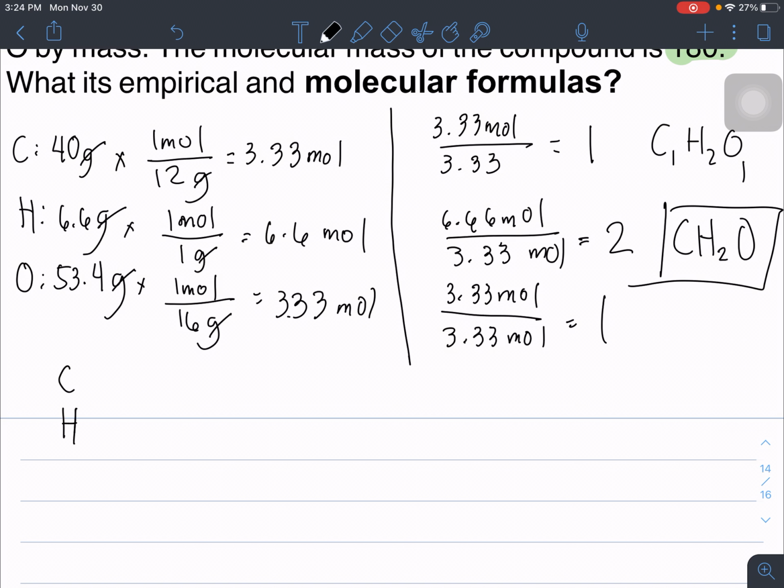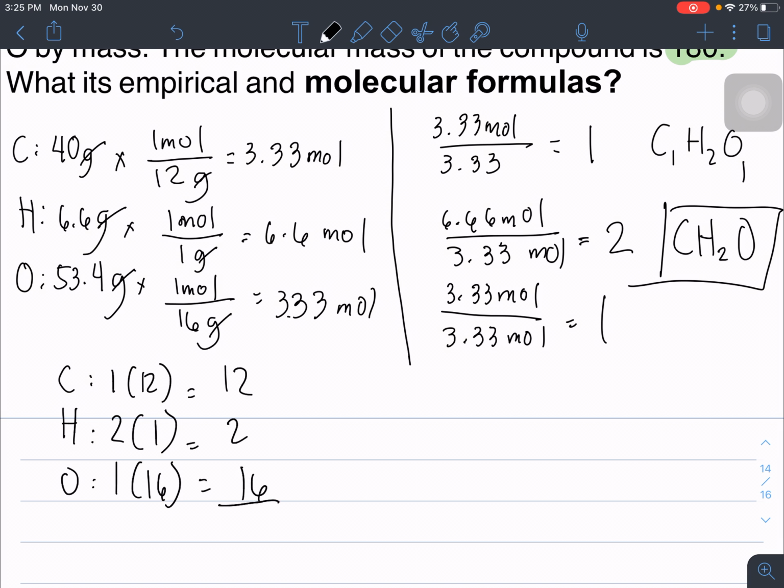So let's get the empirical mass. So CH2O. So this will be 1 times 12, 2 times 1, and 1 times 16. So this will be 12, this will be 2, this will be 16. This will be 30 grams per mole.